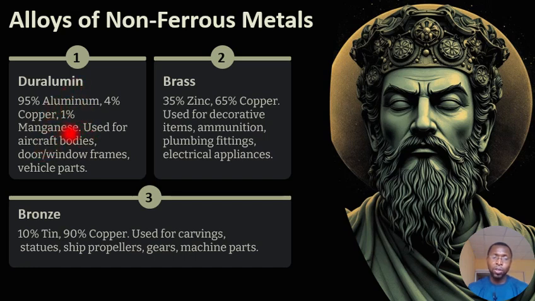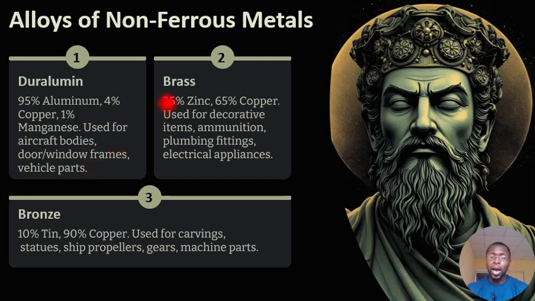So the combination of these three in their respective proportion form what is called the duralumin. And this duralumin alloy is used in making aircraft bodies. We also use it for making the windows and door frames, and we use it in making some part of vehicles.